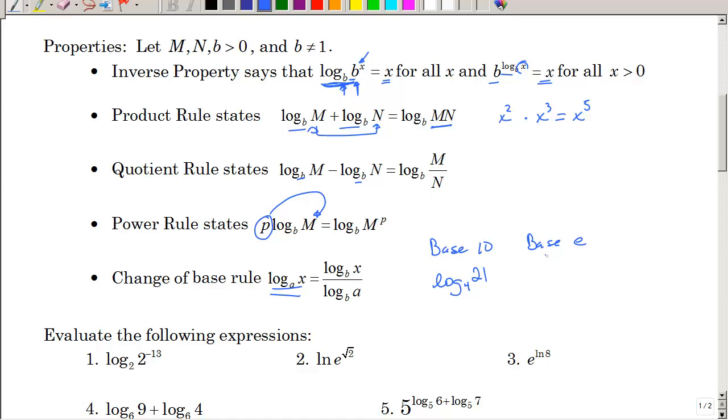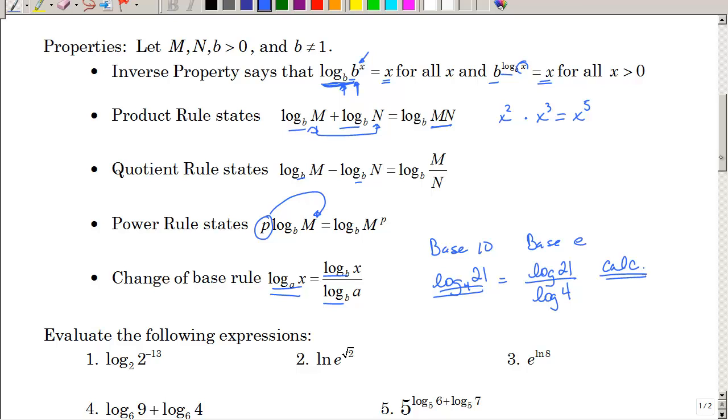I could use that change of base formula and rewrite that as log base 10 of 21 divided by log base 10 of 4, and then use my calculator to approximate what that value is. And that's how the change of base rule is used most often, with the calculator.